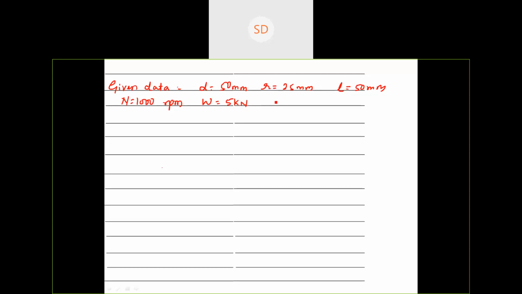Radial clearance is given, not a diameter clearance, it is 0.025 mm. And oil type is SAE 30.